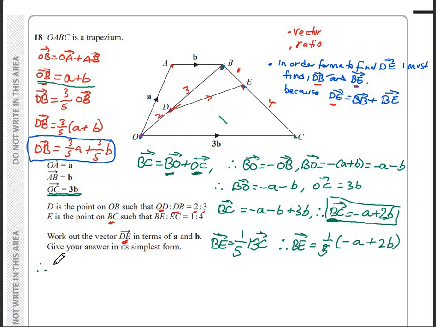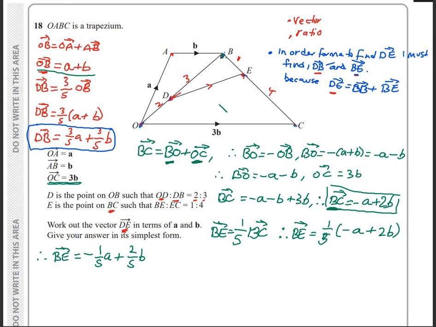And so BE equals minus 1/5 A plus 2/5 of B. Okay? So I found BE.